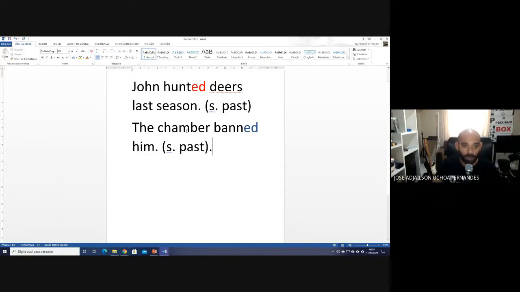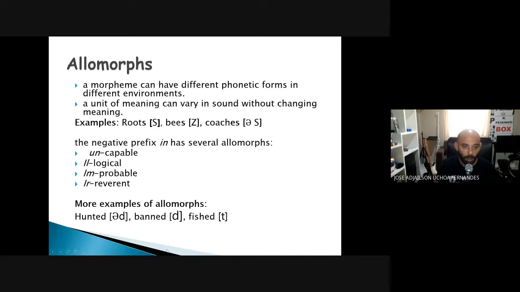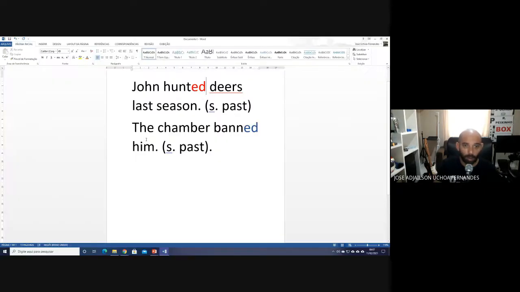And now, how do I pronounce this? Hunt, banned, with a final D. In fact, this is with a schwa, like this. Let's go back to the slide. Hunted with schwa and banned with a D. So, do I have a difference in phonetics?